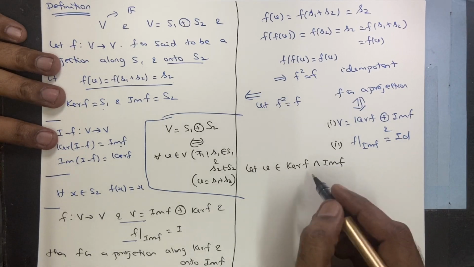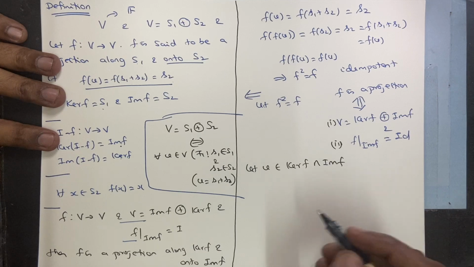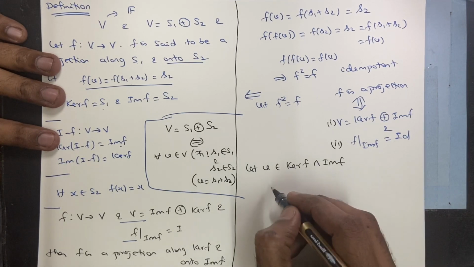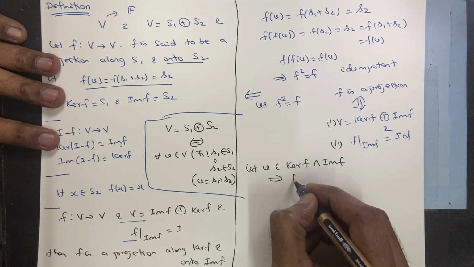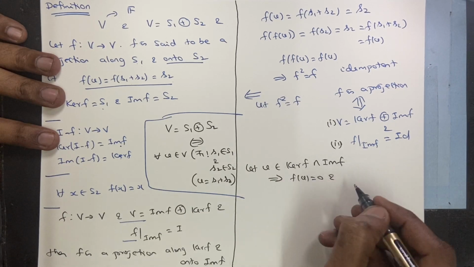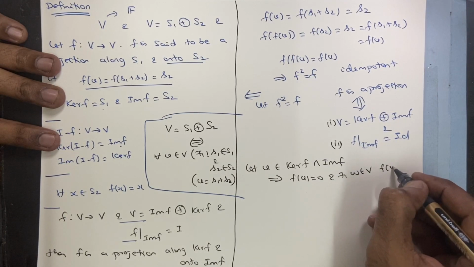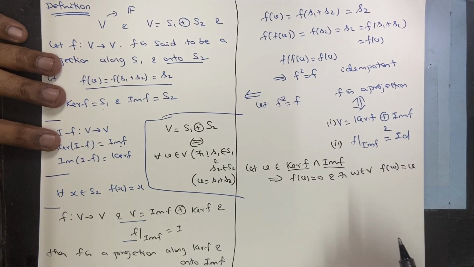The claim is that v is 0. Since v belongs to the kernel of f and the image of f, this implies that f of v is 0, and there exists a w in V such that f of w is v, using the definitions of kernel of f and image of f.